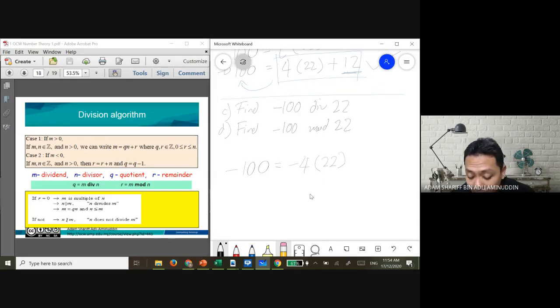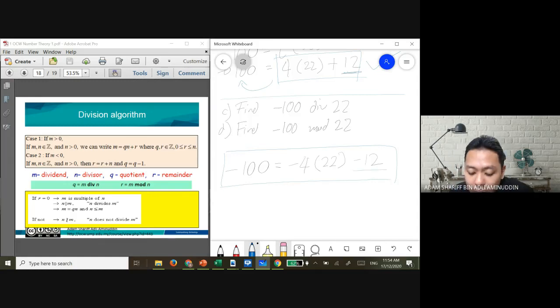Okay, R ni pula kamu akan dapat negatif. Jadi negative 12. Okay, fair enough. Again, if you put your answer like this, then this is not division algorithm kerana remainder dia negative 12 kat sini.